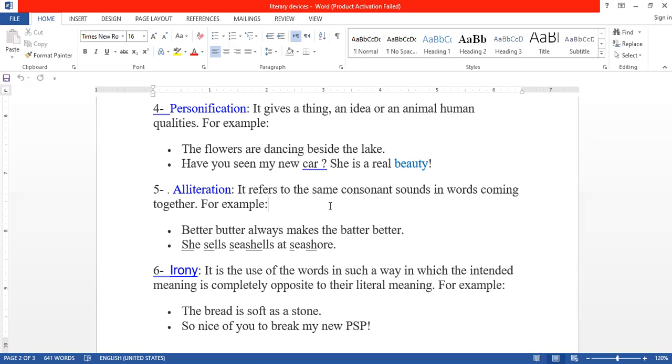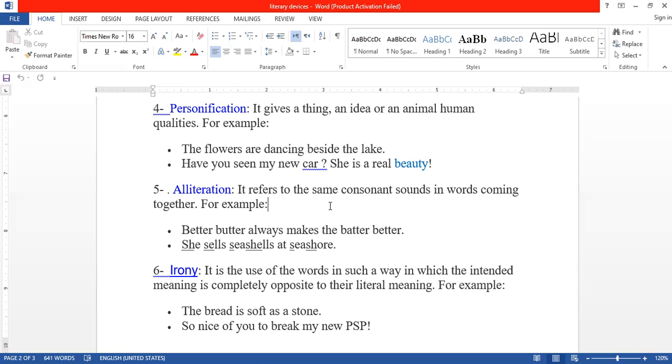The consonant sounds in the English language are 20 letters. We have 5 vowels: A, U, E, I, and O. And 20 letters for consonants: B, C, D, G, J, K, F, H, and so on and so forth.